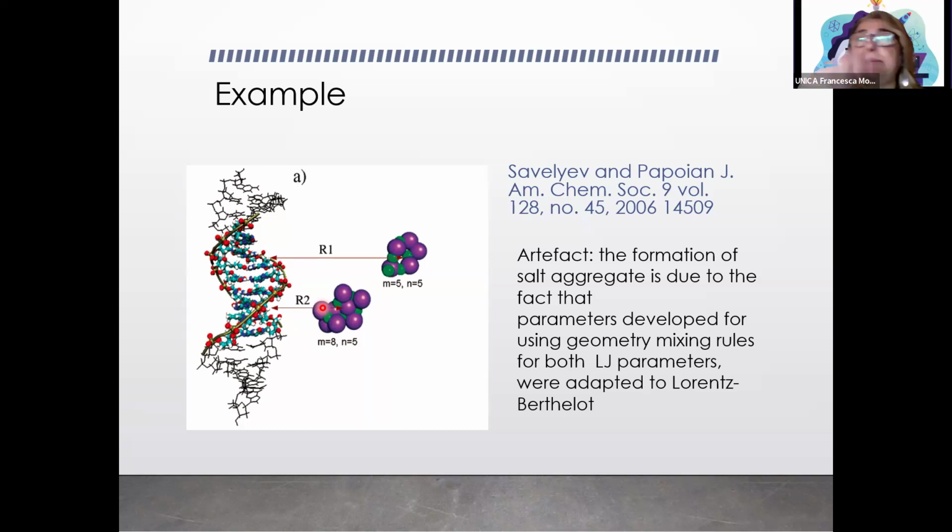This highlighted the importance, when you are setting up an MD simulation, of carefully checking the ion parameters that you are using, and also the importance of reporting in the papers that you write the details of the force field that you are using.